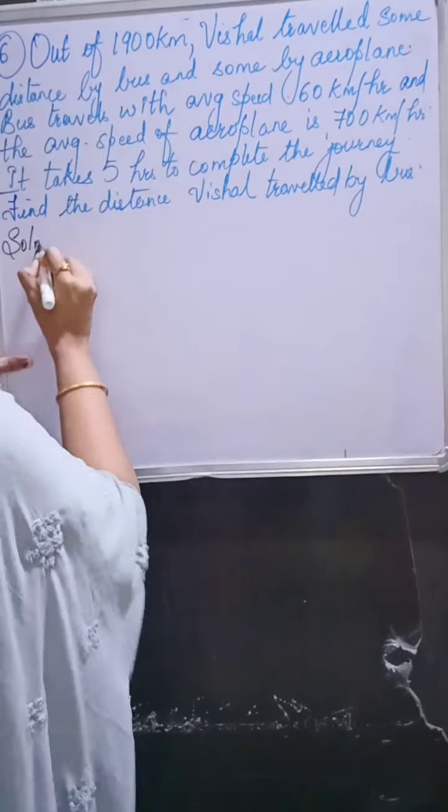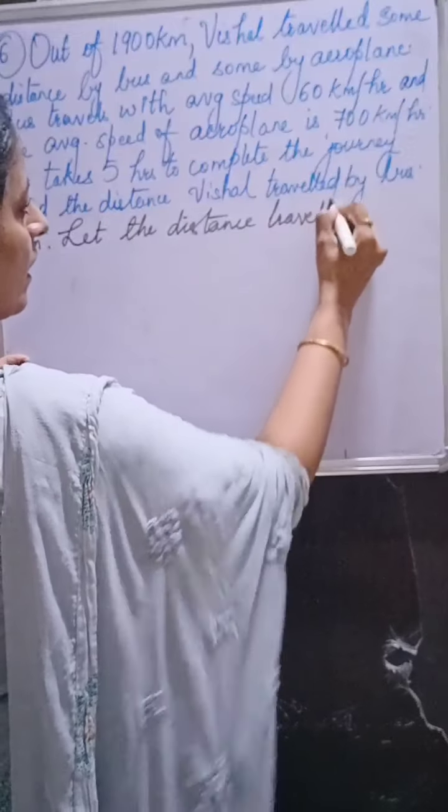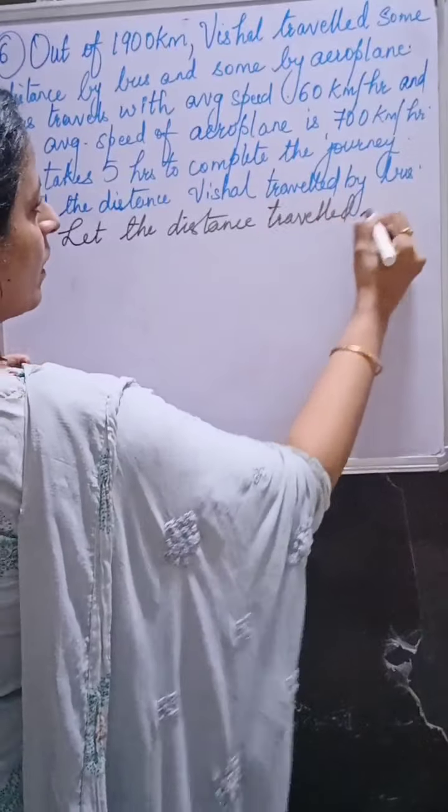So let the distance travelled by bus be x kilometer and that by aeroplane be y kilometer respectively.